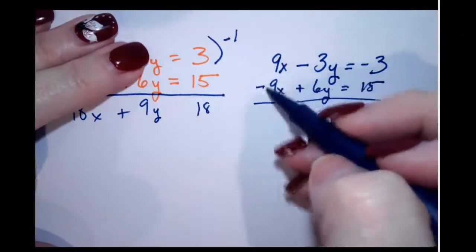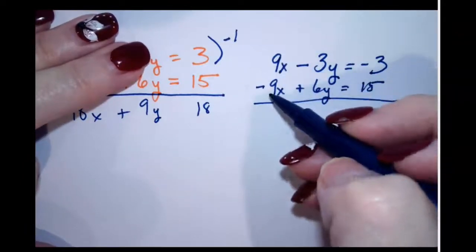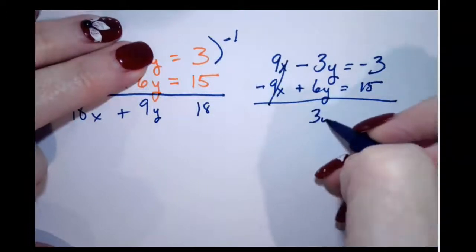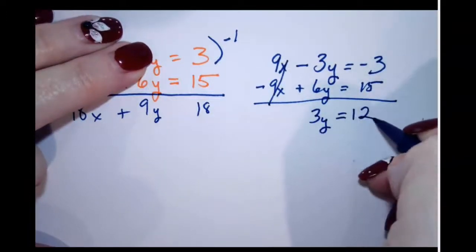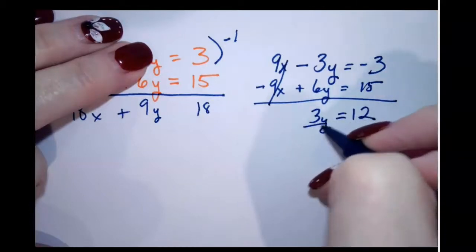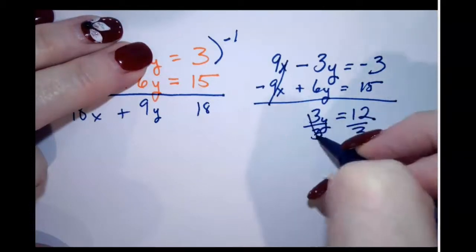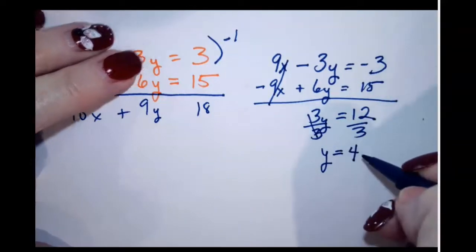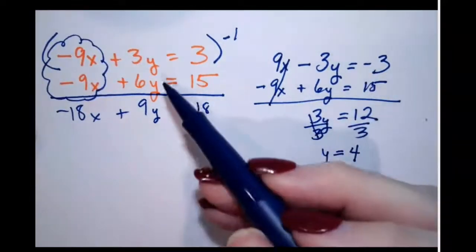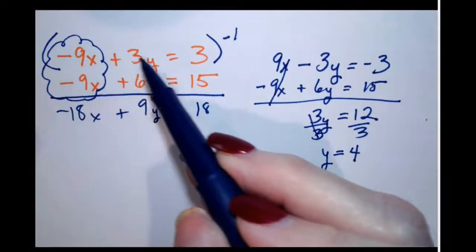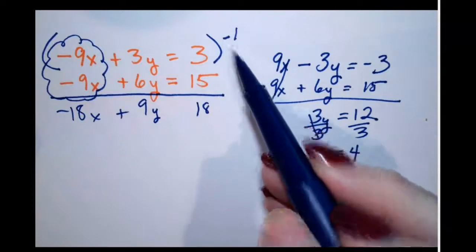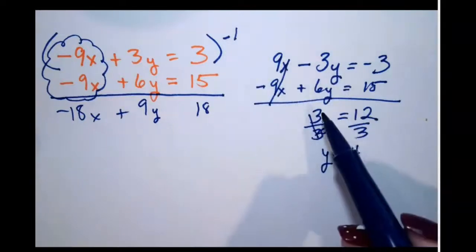And now when I add these two together, 9x minus 9x, that's canceling it out, isn't it? So 3y is equal to 12. Last step. y equals 4. So I had to change it by multiplying every single piece of it by a negative 1, and then it began to cancel.